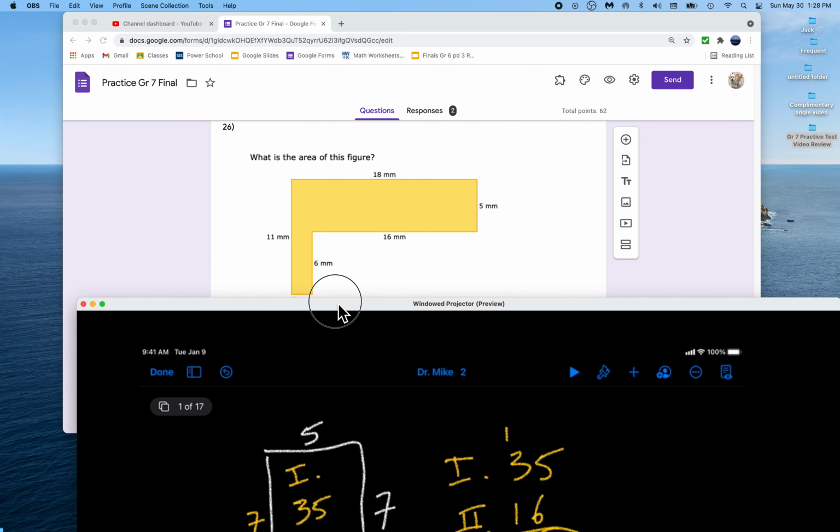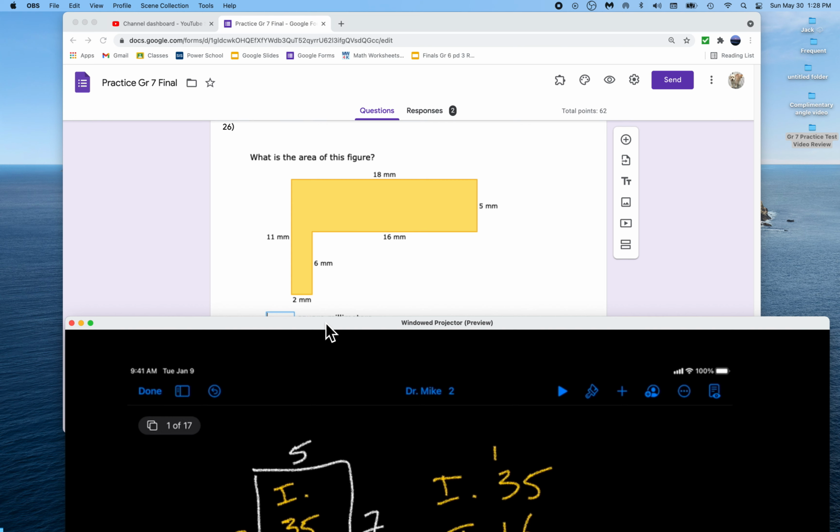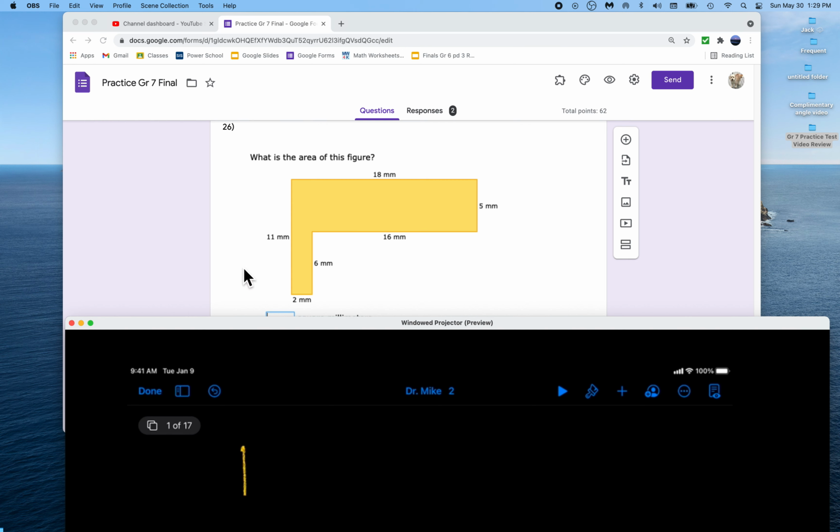Another composite figure. I apologize for taking the time to draw this again. Double check that you got the right numbers.